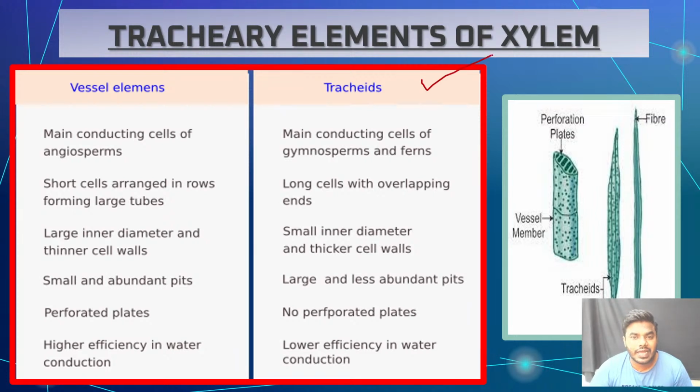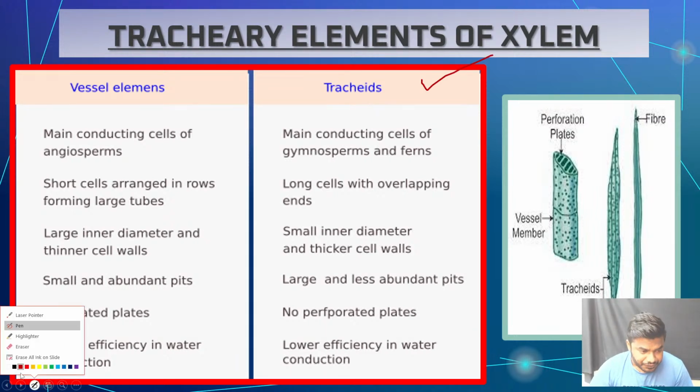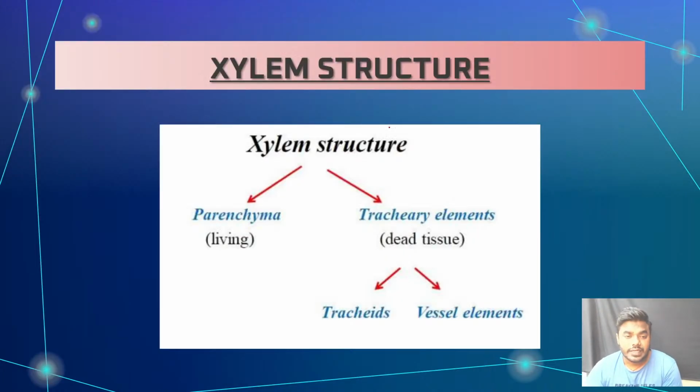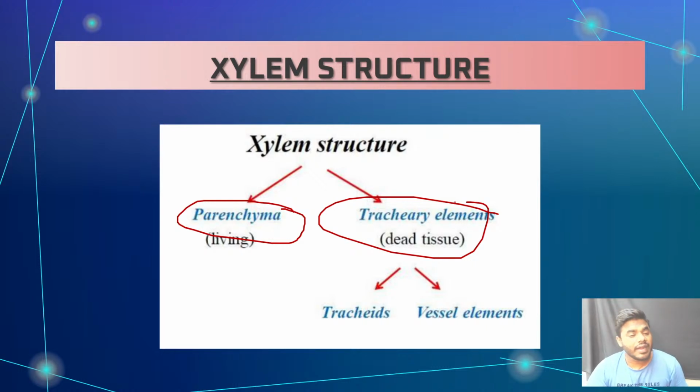So this is the last part we discussed, right? So friends, we discussed that xylem consists of parenchyma and tracheary elements. I told all of you, wherever you read parenchyma, remember only one common point. The parenchyma is the living tissue. Then friends, the tracheary elements are the dead tissue.